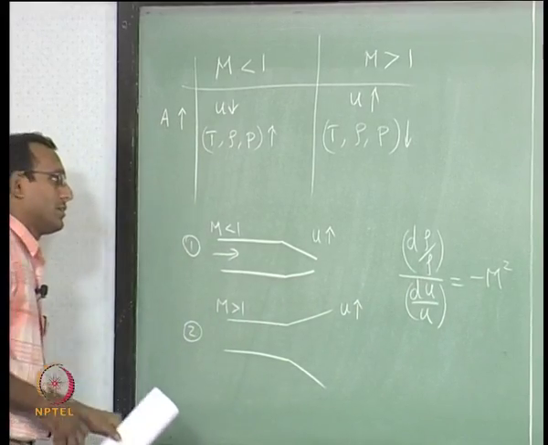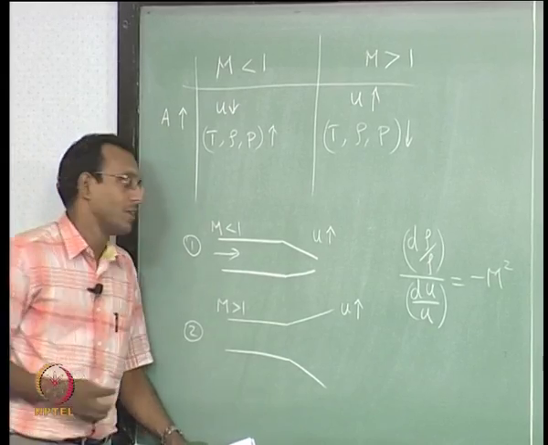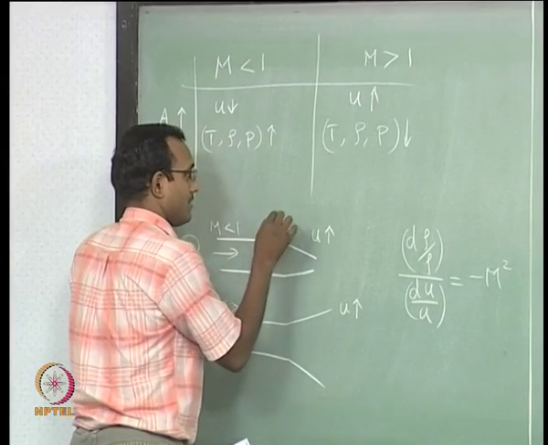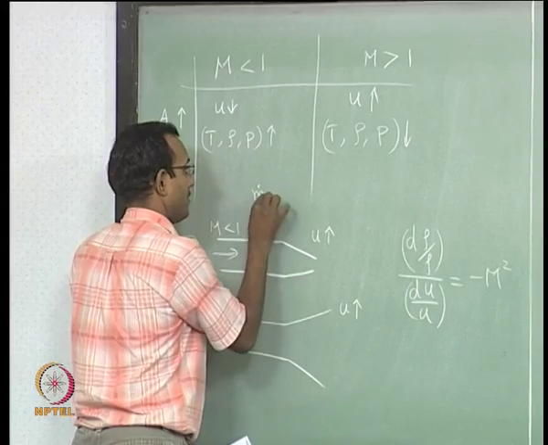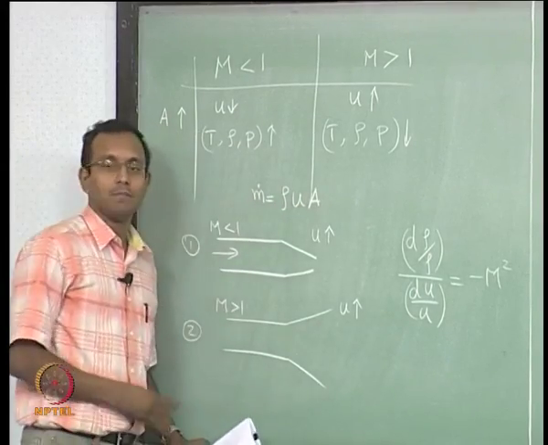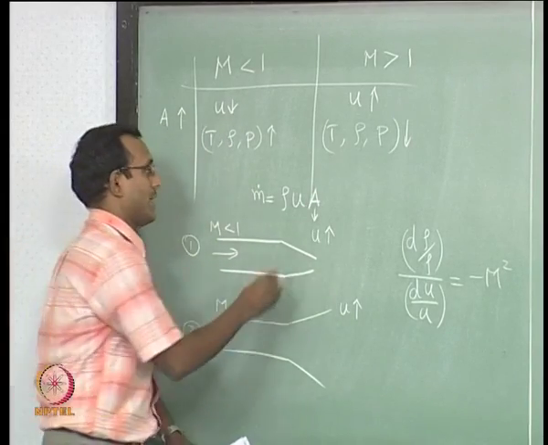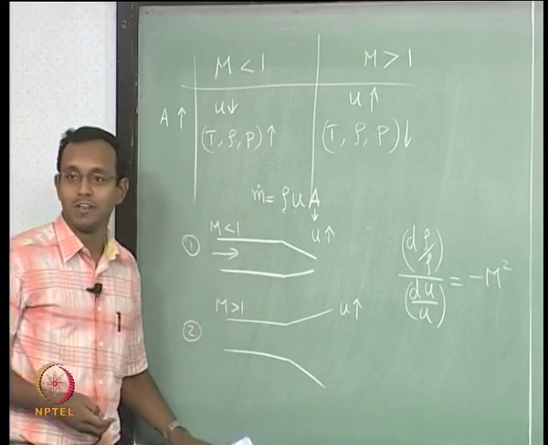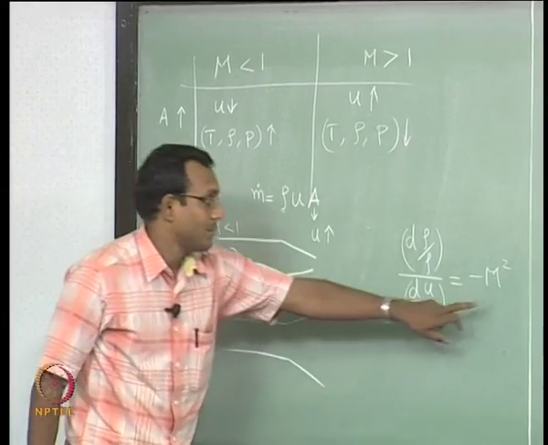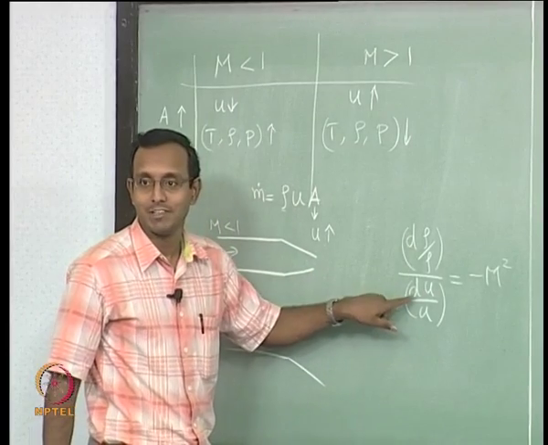Now, when it is subsonic flow, we are going to say that mass flow rate is equal to rho u A, and I am decreasing area, and I am going to say density does not change so much. Why? Mach number is very small, it does not have so much effect like velocity.